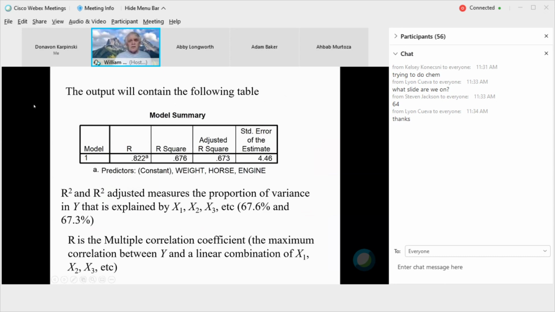R squared and R squared adjusted are measuring the proportion of variability in the dependent variable, miles per gallon, that's explained by three predictor variables: weight, horsepower, and engine. So that's about 67%. R is the multiple correlation coefficient. It's the maximum correlation between y and some linear combination of x1, x2, up to x3.